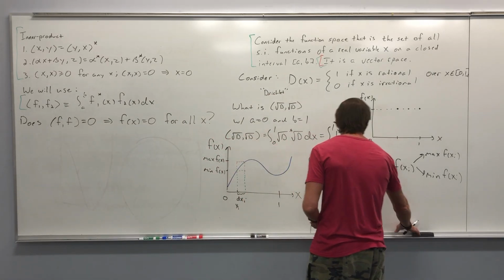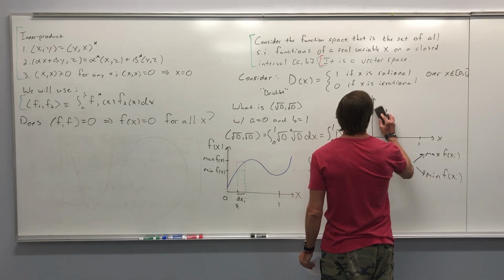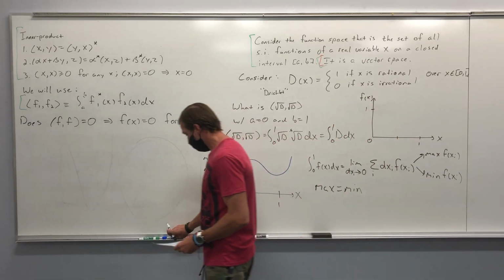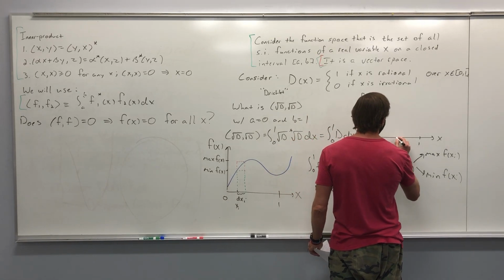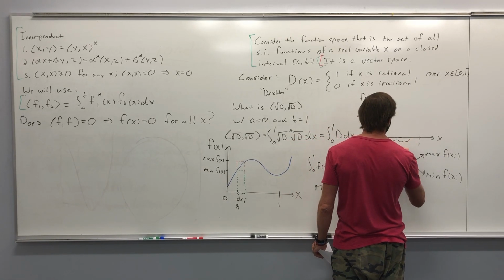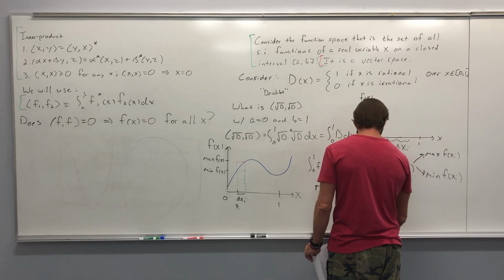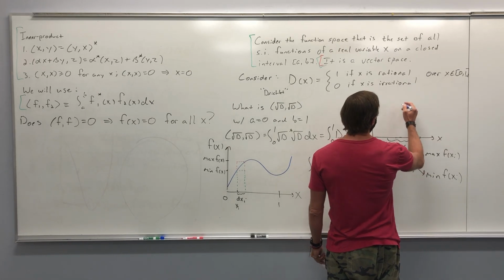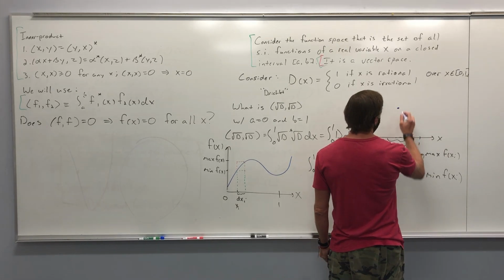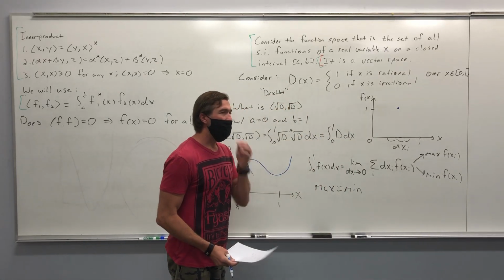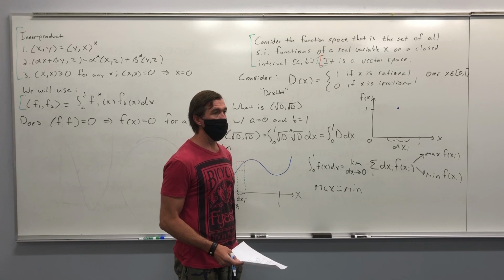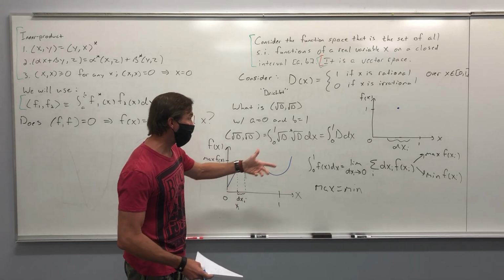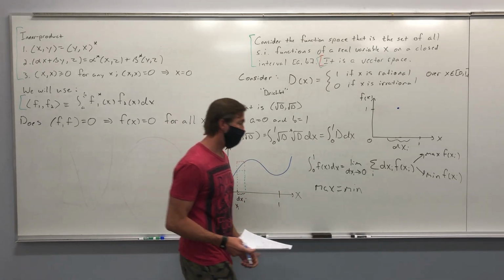Let's think about this for a moment. So if I take an interval dx, that interval, if it is small enough, will have exactly one non-zero point in it. And we're taking the limit that dxi goes to 0, okay?